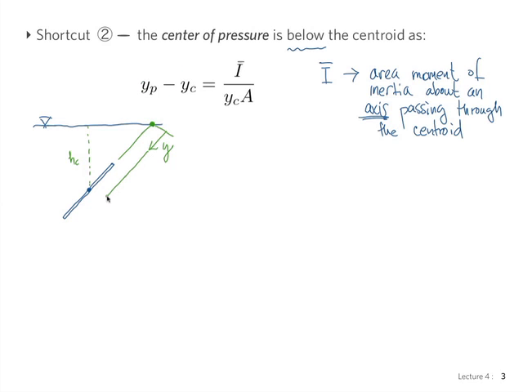So Y of the centroid is this value here. And somewhere a little below will be the point of action of the resultant force. Because remember, the pressure increases as we go deeper, and so basically there's more pressure in the lower side of the surface than there is in the upper side, and so the resultant force acts somewhere below.